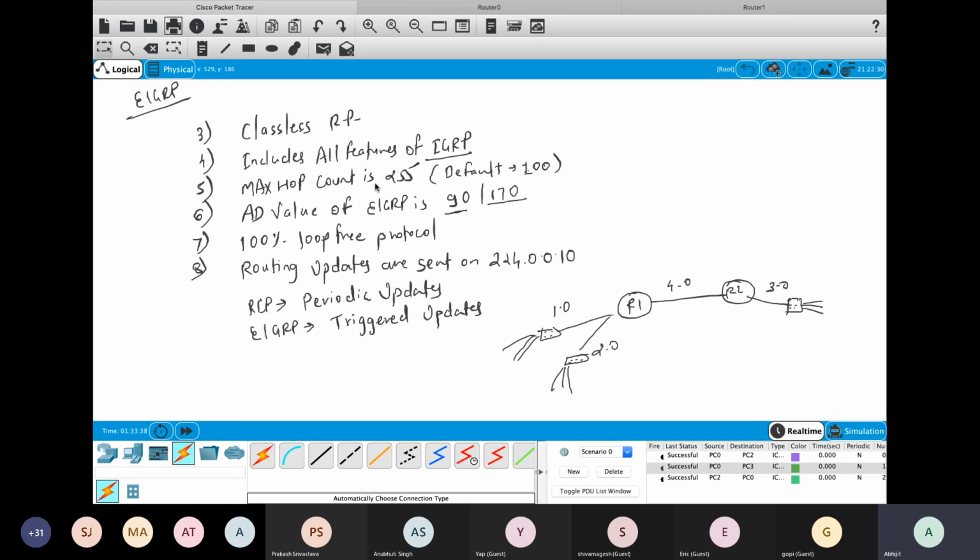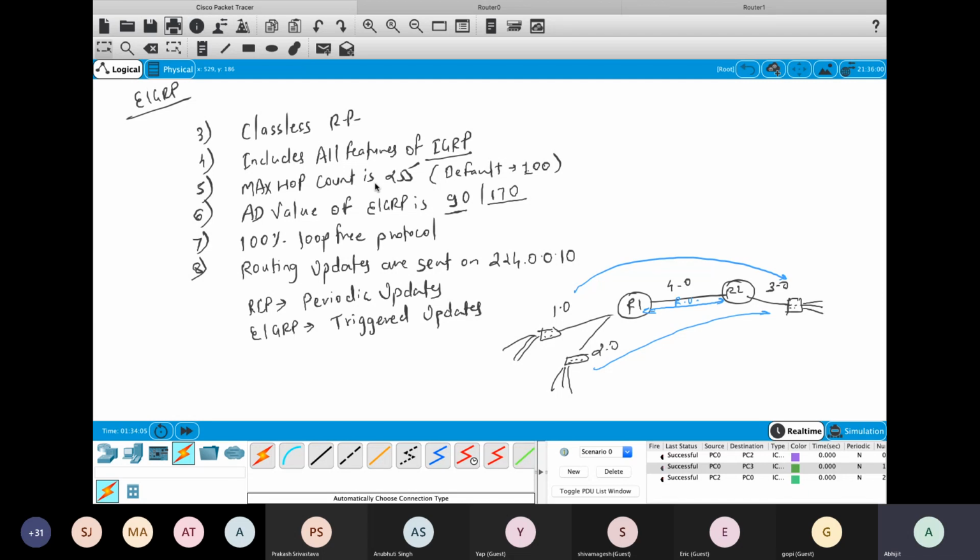Do you understand this topology? Let's say there is communication happening from here to here. Your RIP, your Routing Information Protocol, is going to exchange traffic between R1 and R2, which will be called routing updates, every 30 seconds.